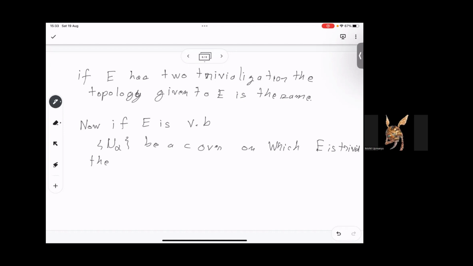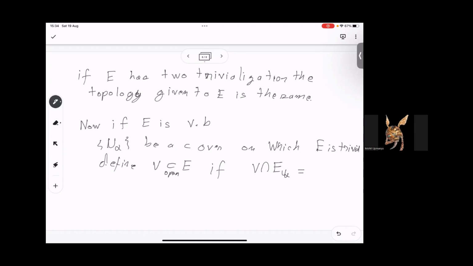Then we define V subset of E to be open if V intersected with E restricted to U alpha, right? Oh, I forgot to mention that.